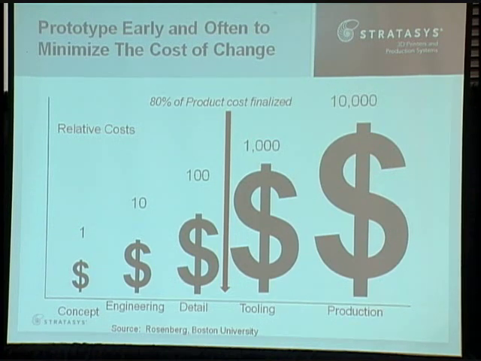Now engineering has it, I've got time in it, I've got human resources, we've started documenting things, and cost goes up. Now we've gone to the detailed drawings and we're ready to release for tooling, cost goes up a little higher. Also, you've crossed that line where, as the old term goes, 80% of the product cost is finalized once the design is done.